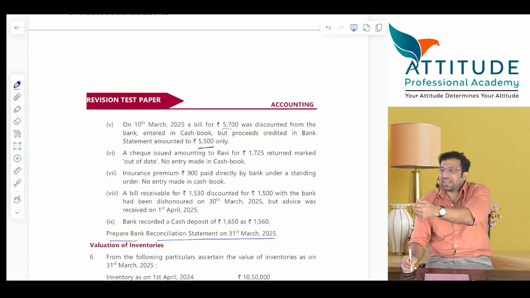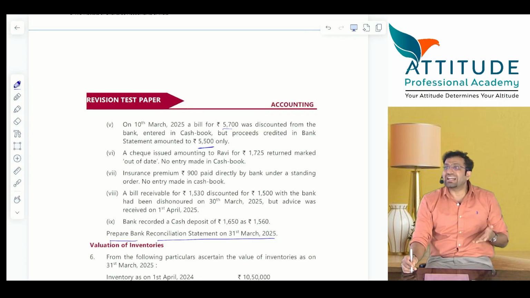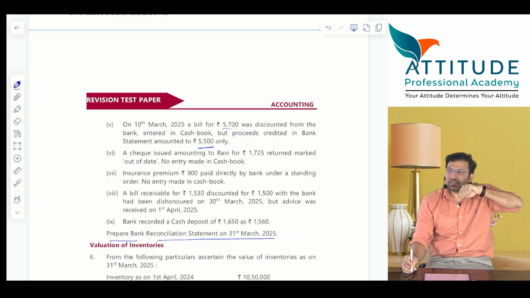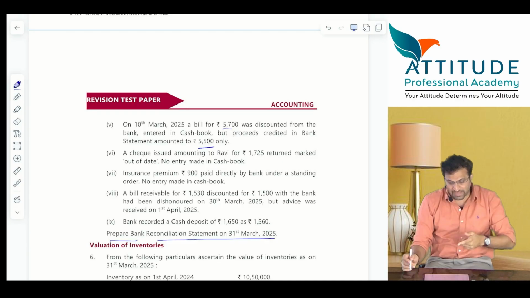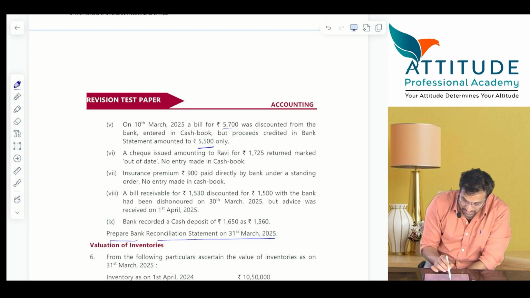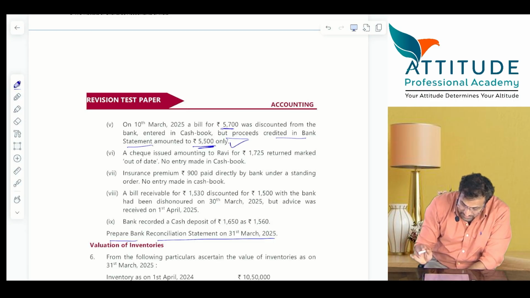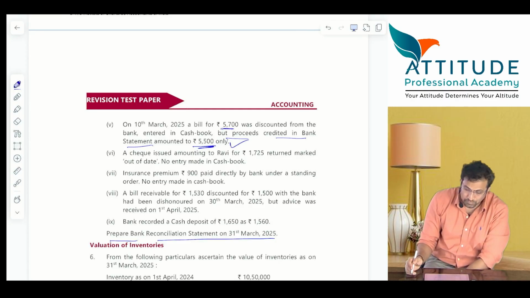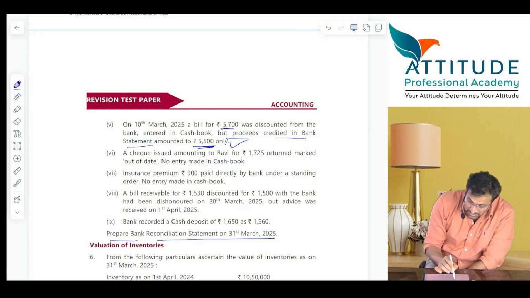When you discount at the bank, आपको कैश मिलेगा? Answer. You'll say bank account debit 5,500. Because 5,500 का ही actually कितना है? Bill was 5,700. Discount किया है. But the proceeds credited in bank statement amounted to how much? 5,500 only.